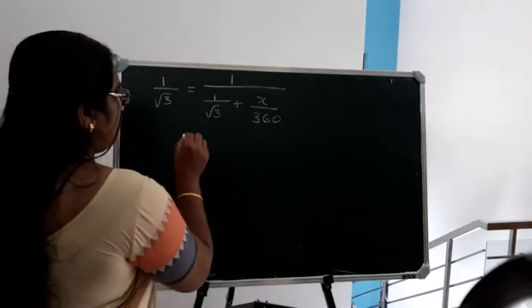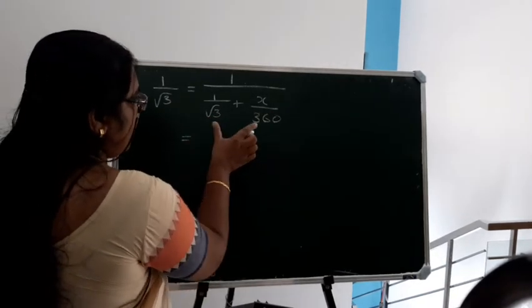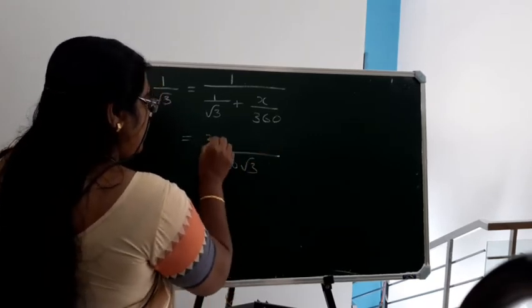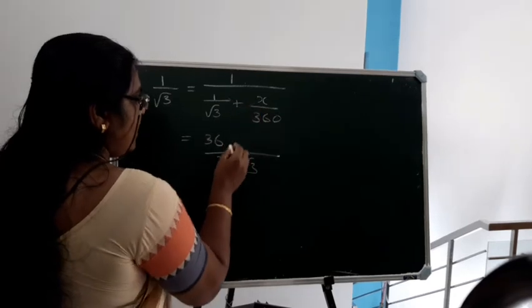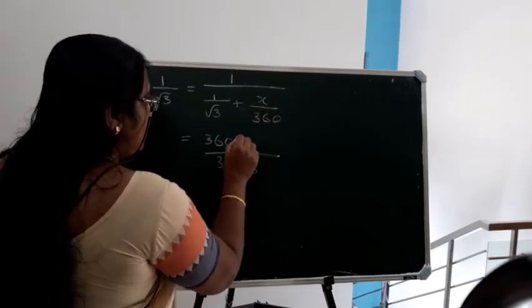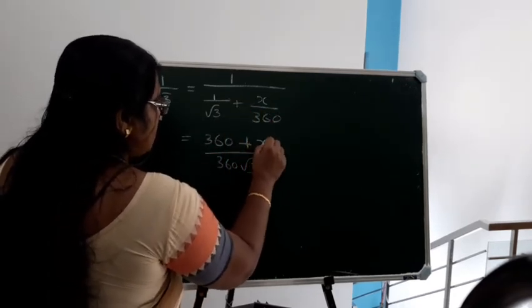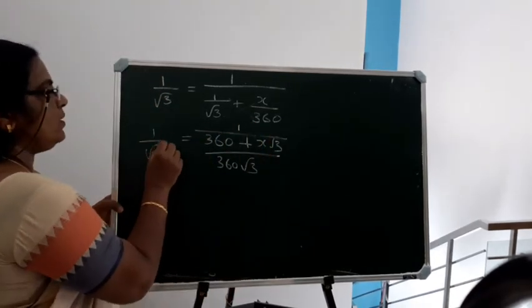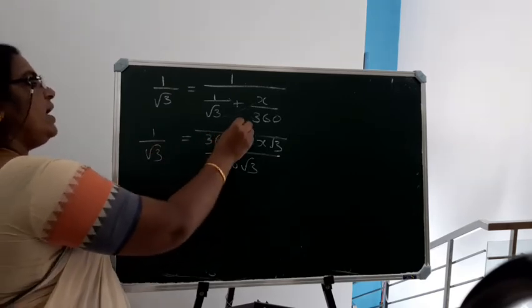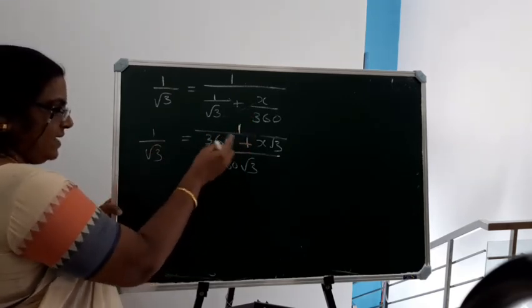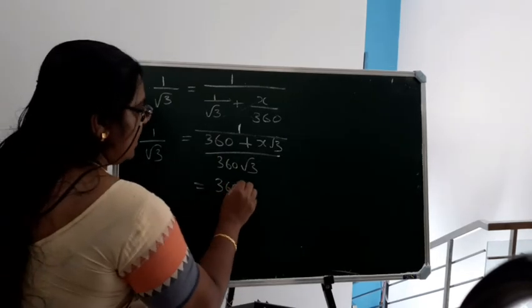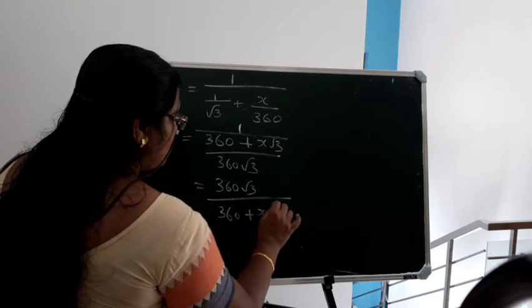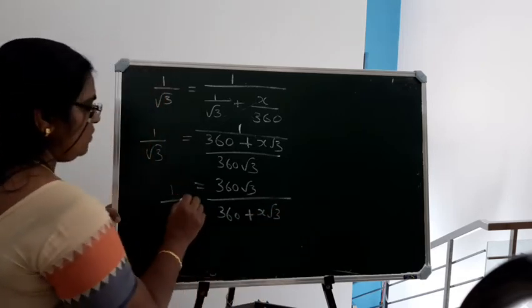From this denominator we can take the LCM, which is 360 root 3. Using the cross multiplication method, 360 plus x root 3. So 1 divided by 1 by root 3 is equal to 1 divided by this one, that is, write the reciprocal: 360 root 3 divided by 360 plus x root 3 equal to 1 by root 3.